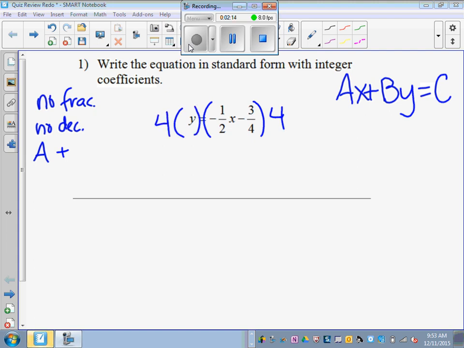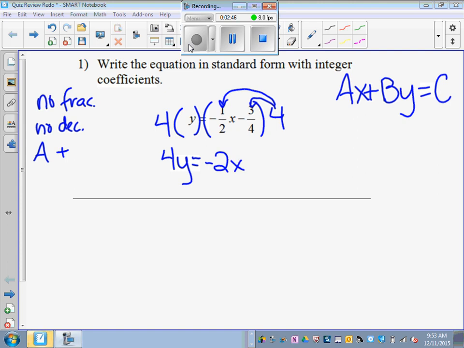So everyone should be writing down. We're multiplying both sides by 4. Alright, 4 times y? 4y. Now, what do I have to do with this 4 here? We have to distribute it. There's more than one piece within here. So 4 times negative 1/2. You can use your calculator to help you out with this. 4 times negative 1/2 is negative 2. We have our x.